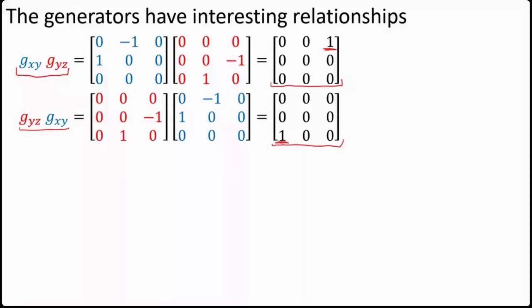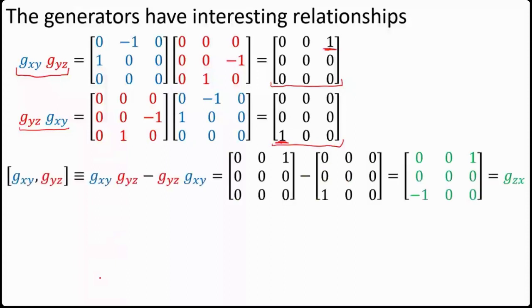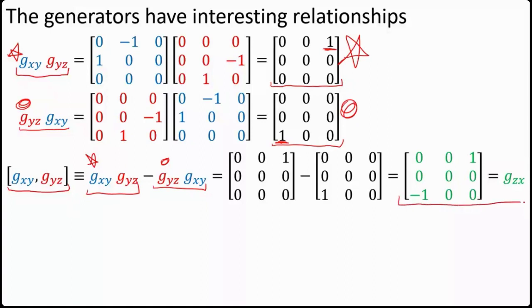But what's interesting is if we take the commutator, so this product minus this product, we take this matrix minus this matrix, we get the ZX generator. So the commutator of two generators gives another generator.